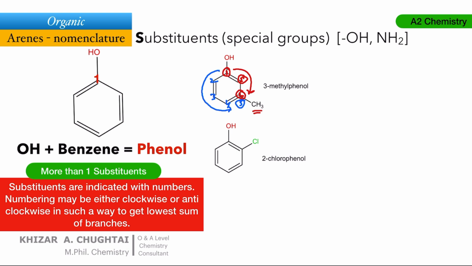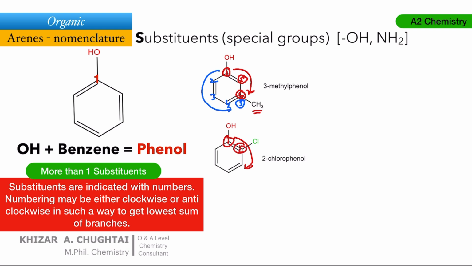In this case, once again, benzene is having 2 substituents. One is OH and the other one is chloro. Once again, this OH is a special functional group and its carbon will be carbon number 1. So how to write the name of this compound? Once again, I'm going to mark numbering clockwise and then anti-clockwise. If we move clockwise, this Cl is getting 2nd position.